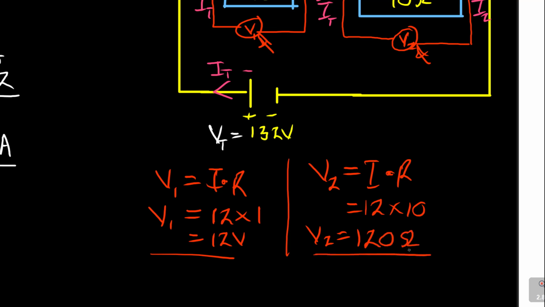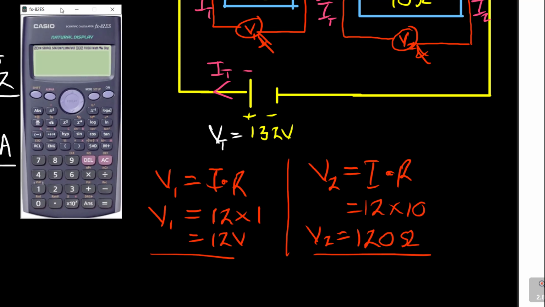Do you see this? Very, very interesting stuff. If I add these two, V1 and V2, what is V1? 12 plus V2, 120. What do I get? I get 132, the total voltage.